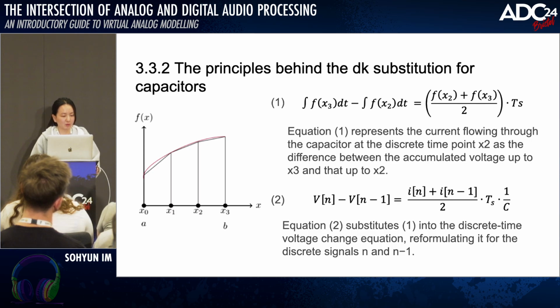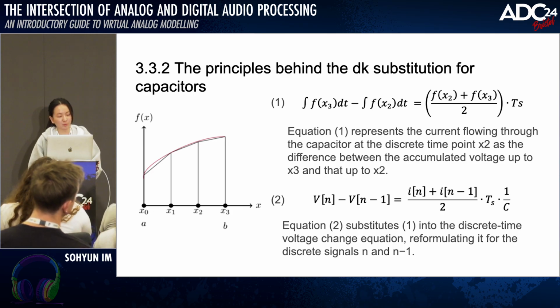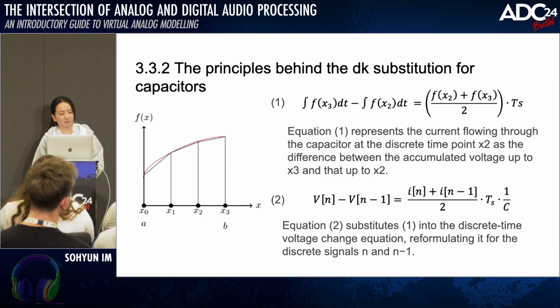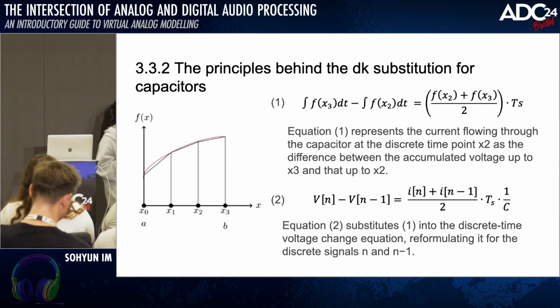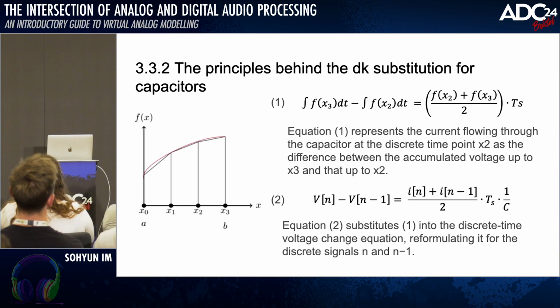So equation 1 represents the current flowing through the capacitor at a discrete time point x2 as the difference between the accumulated voltage up to x3 and that up to x2. So this area, subtract this one. Only this part can be the current flowing through the capacitor.